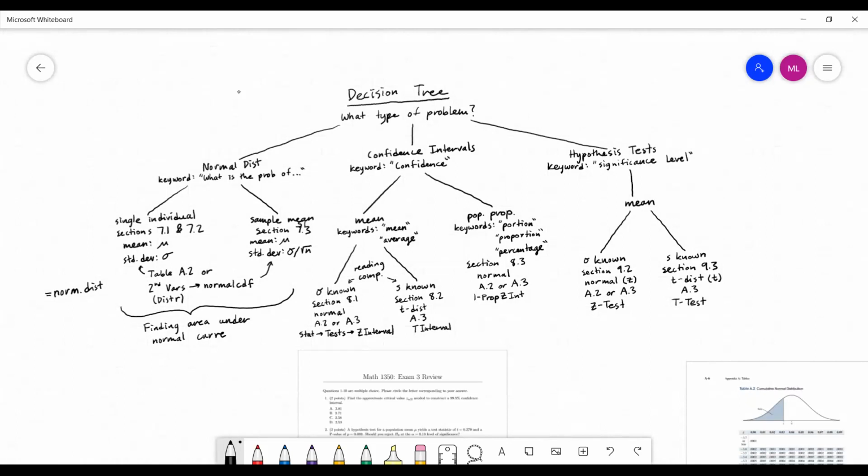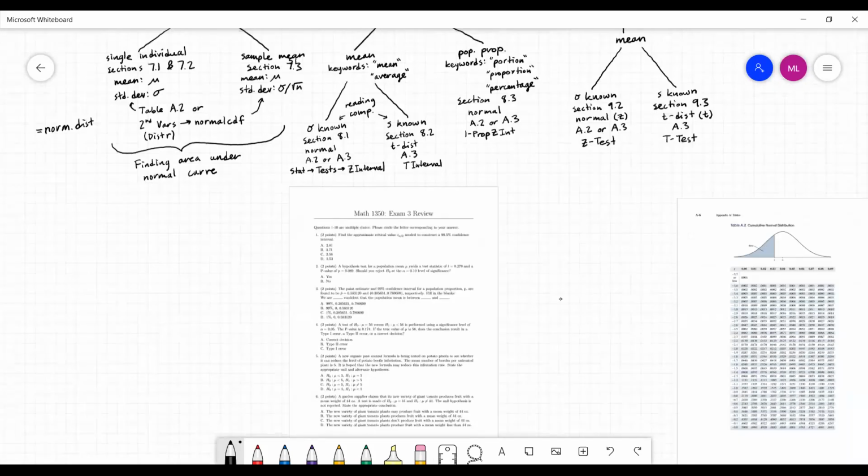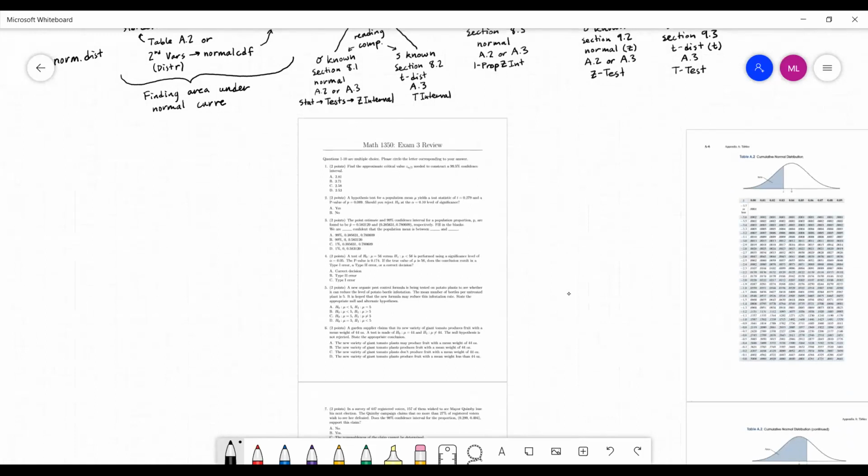Any questions about this? It'll hopefully make more sense once we actually start applying it to problems down below when we start doing the review. But are there any general questions about this? Okay. Well, if one comes up, don't hesitate to chime in and ask it.